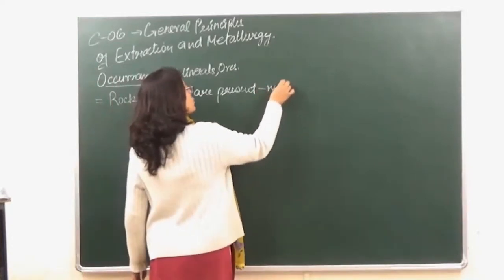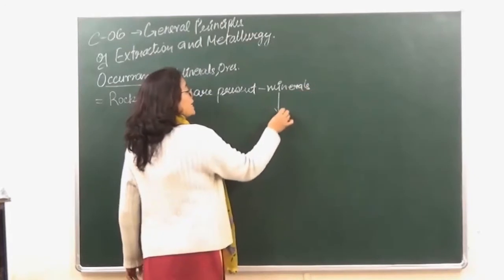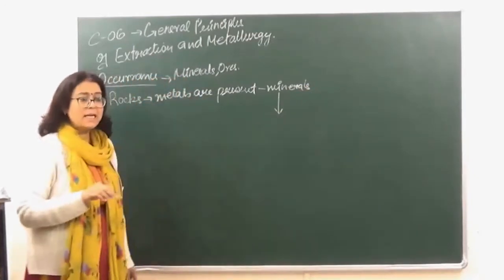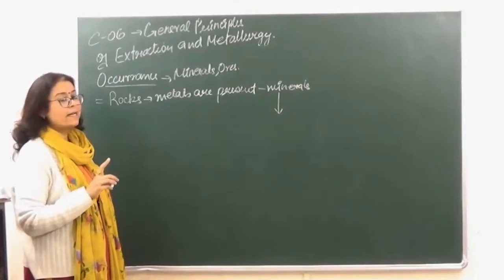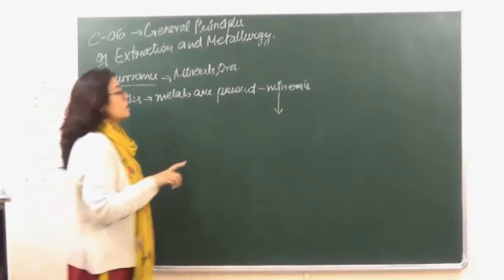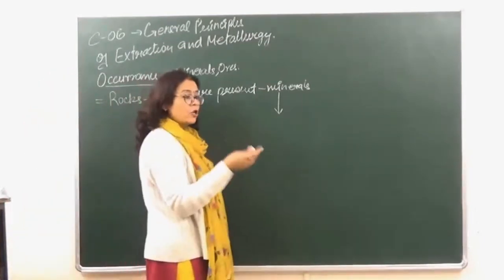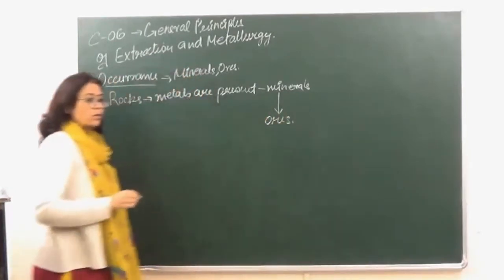And the special kind of minerals from which we can extract metals easily and economically. Both the things have to go hand in hand. So minerals from which we can extract the metals chemically, easily and economically, they are known as ores.